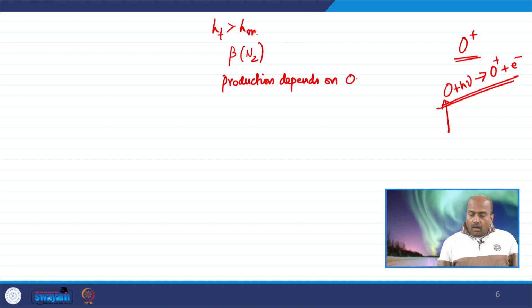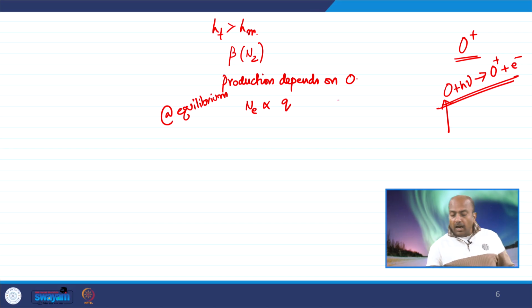Now, at equilibrium, what will happen? The electron density will be proportional to the rate of production, of course, and inversely proportional to the recombination or loss.